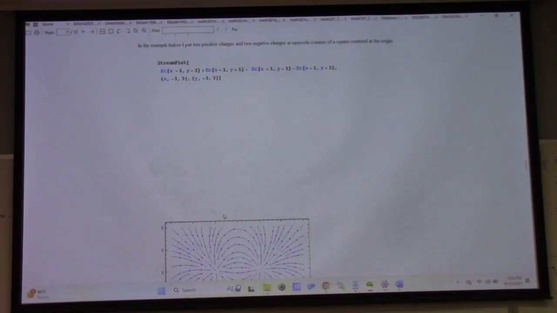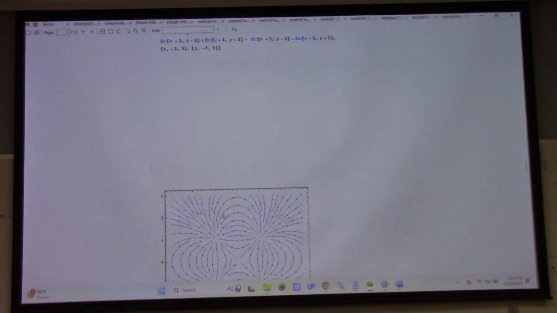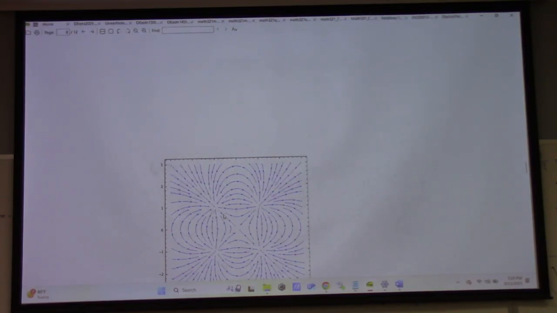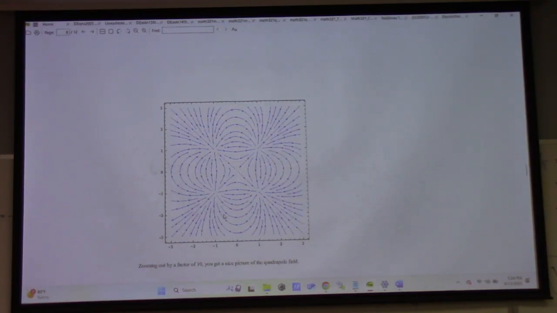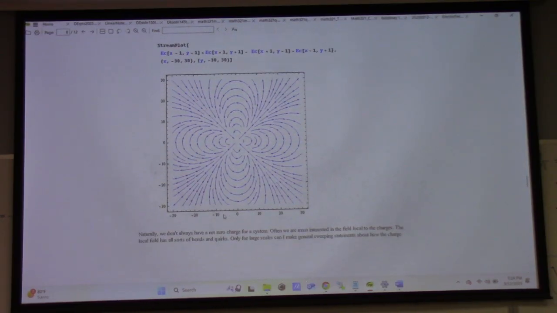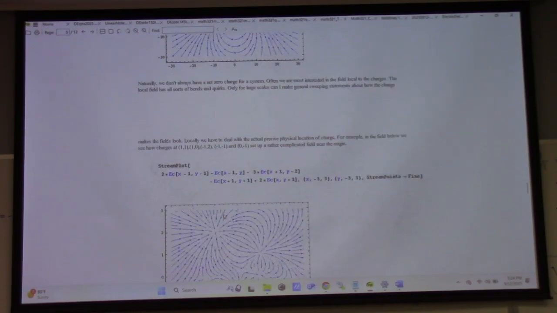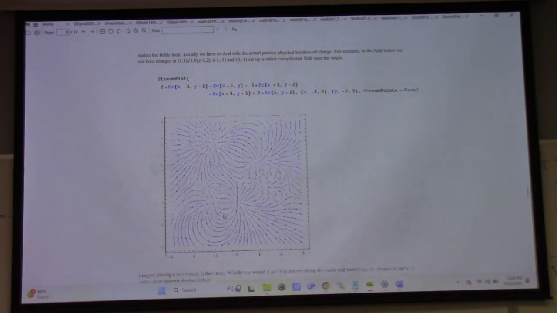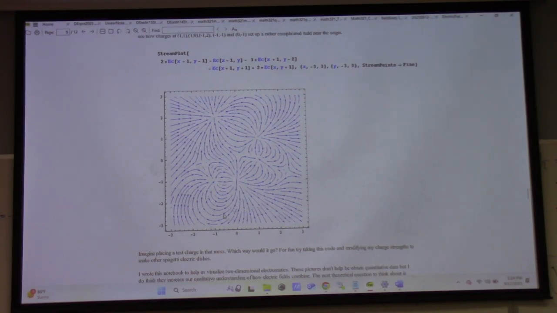And here's a funkier one. What is that? Is it quadrupole or is it dipole? It's a dipole, but it shows the equipotentials. Isn't that pretty? I don't even know what that is. We've got 2, minus 1, minus 3.